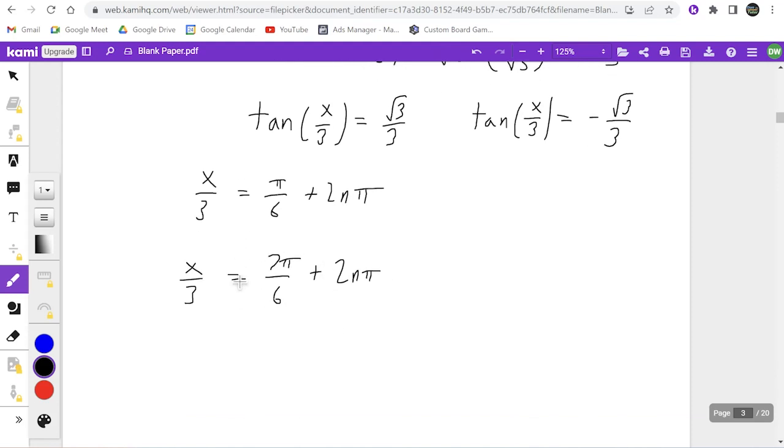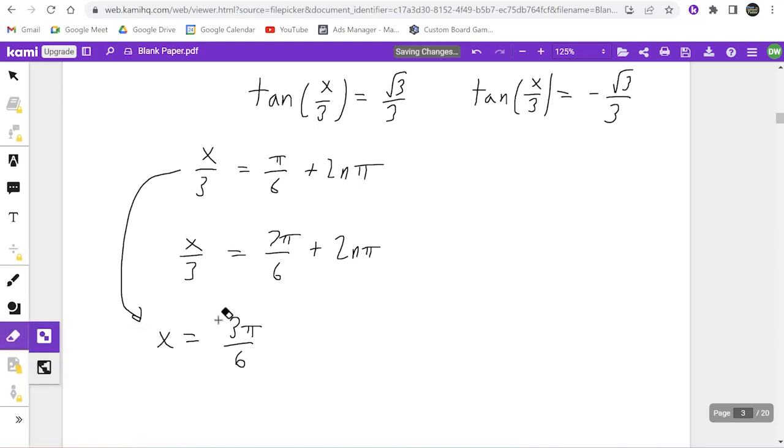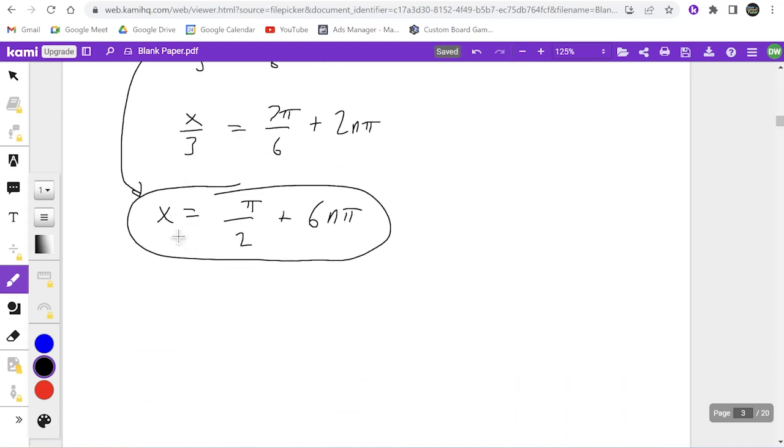And now if I want to solve this, multiply everything by 3. So when I multiply by 3, the first one is going to be 3 pi over 6. That just reduces to pi over 2, so I'll write pi over 2 instead. And then plus 2n pi times 3, that's going to be 6n pi. So there's one of my 4 answers. The next answer is going to be the 7 pi over 6.